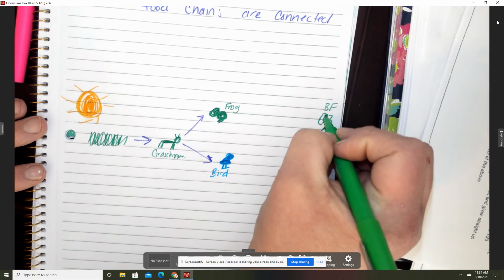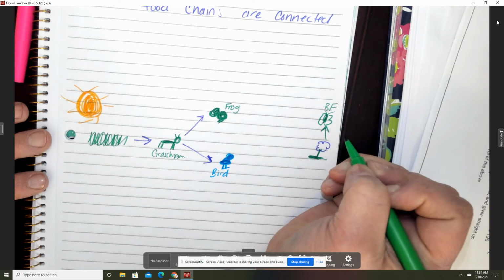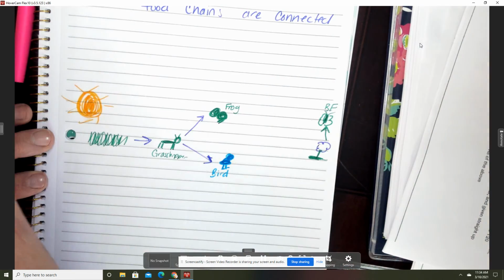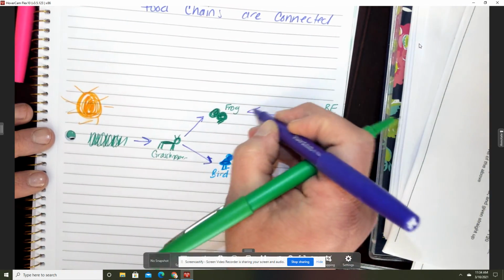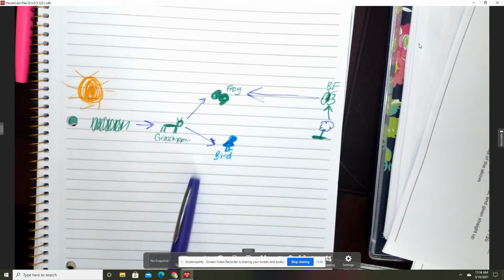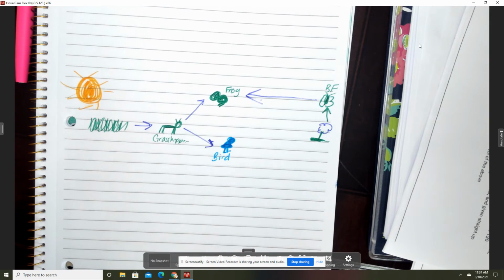Okay. That the frog is eating. So the frog can eat different things. It can eat the grasshopper or it can eat the butterfly.